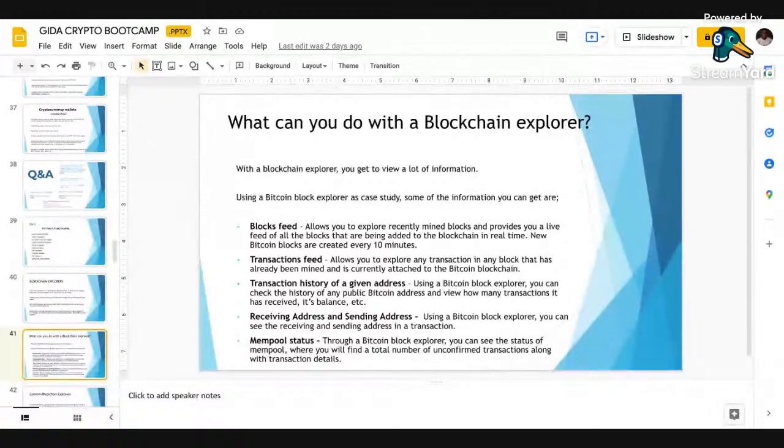New Bitcoin blocks are created every 10 minutes. I mentioned this yesterday. Now, I told you why it is called blockchain. In simple words, it is a chain of blocks. There is a chain connecting blocks. I told you the name of the first block yesterday. Can somebody quickly mention that in the comment section? Let me see if you can remember.